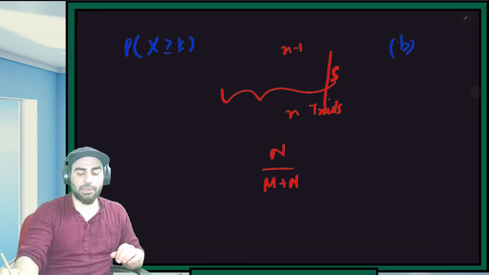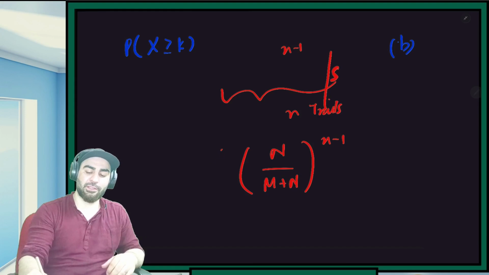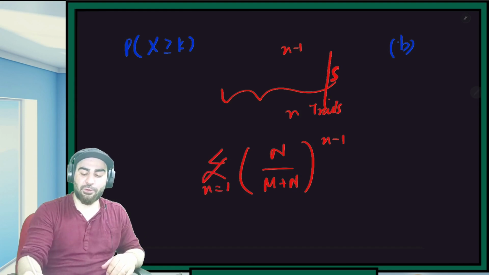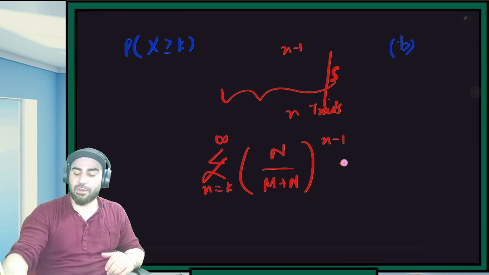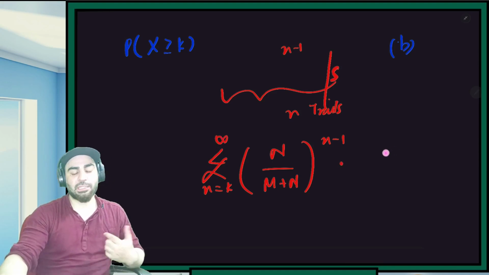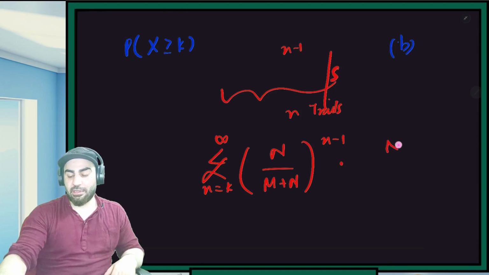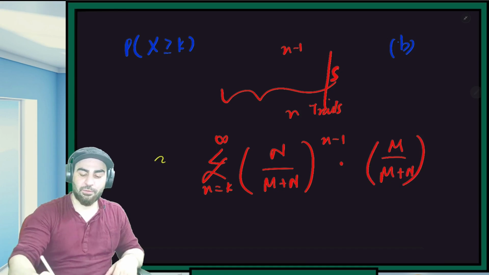Till here I should fail, but this n should start from k and go all the way till infinity, over all the failures, and then multiplied by, because at the end I should get one success, m divided by m plus n. This is the answer for part B.